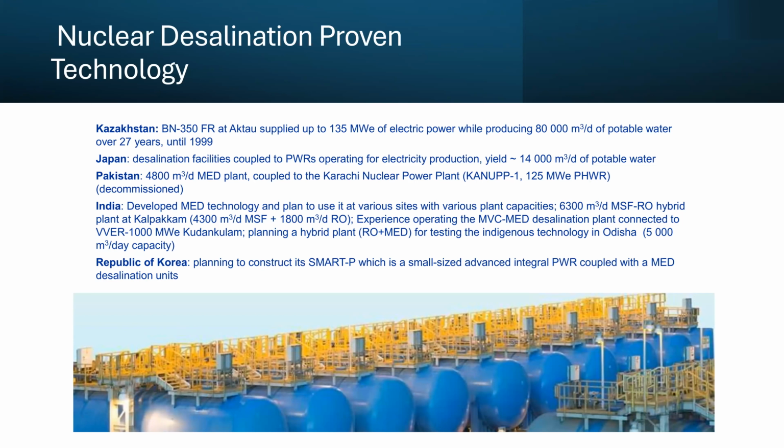Japan also used it, coupled to two pressurized water reactors, and it yielded around 14,000 cubic meters per day of potable water. India is developing this technology, and the Republic of Korea is considering coupling their SMART small modular reactor with a desalination unit.